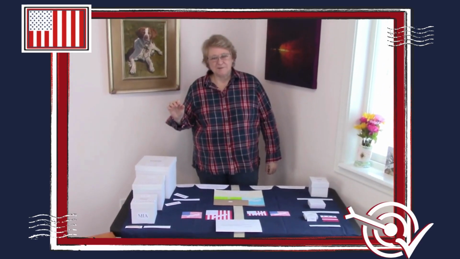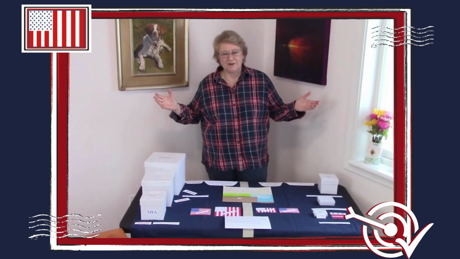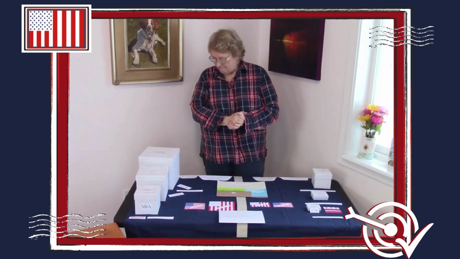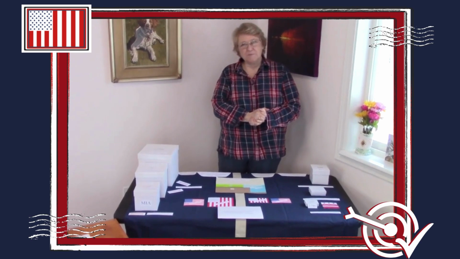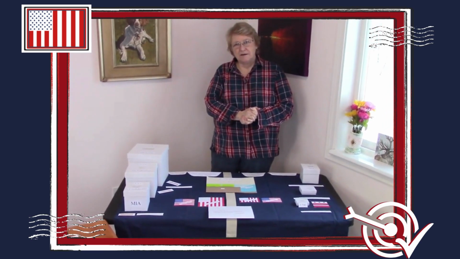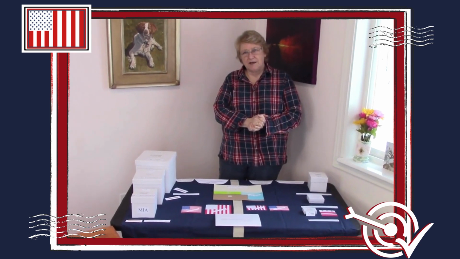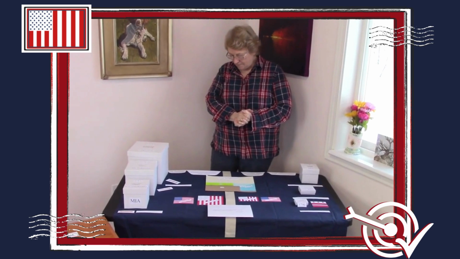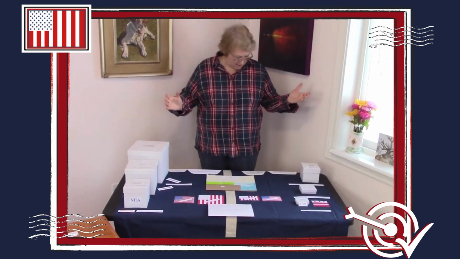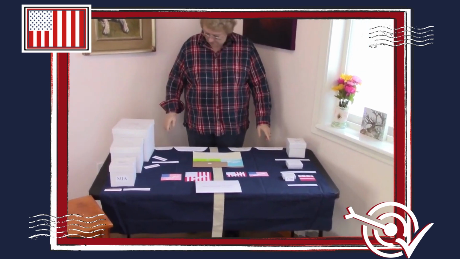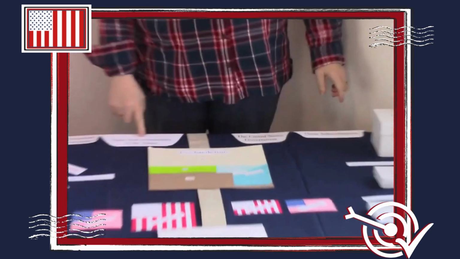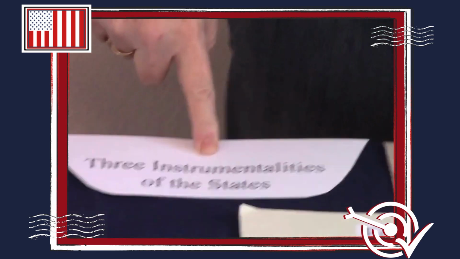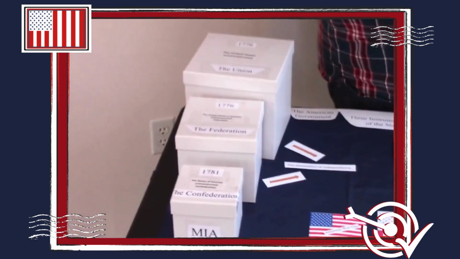Hello campers, another bright and cheerful day here in Alaska. Want to go over some material that we didn't cover yesterday, and I want to very briefly review what we covered yesterday. Basically, we described the American government and its three instrumentalities, the Union, the Federation, and the Confederation.